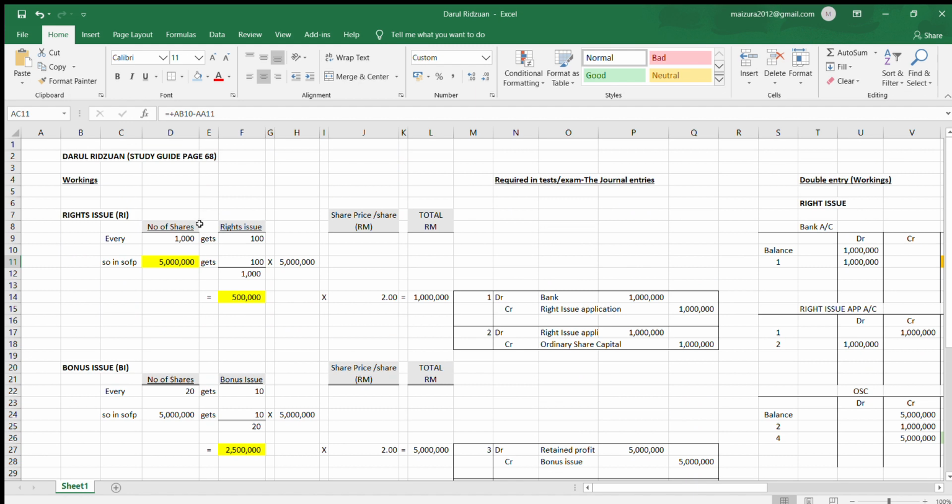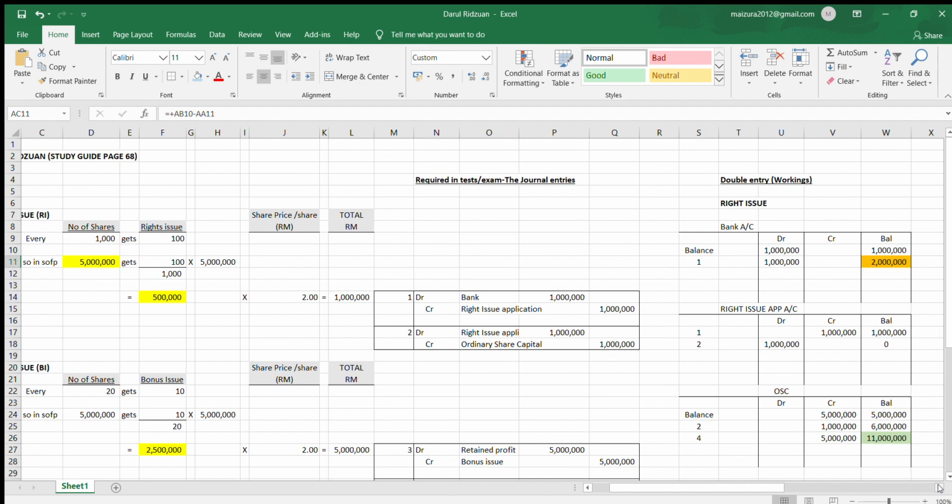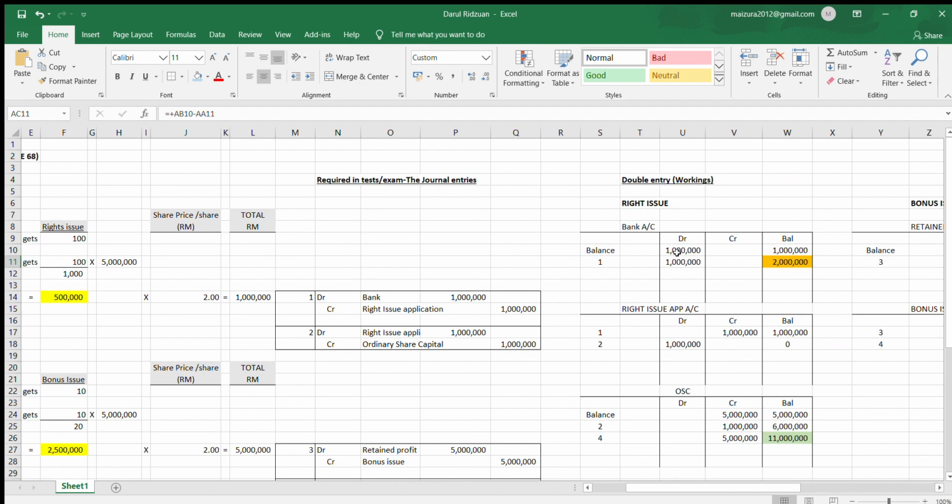Okay, first let us look at the question on page 68. Now, given to you is Soft P's previous year, which is bank of 1 million, so you can record it here in the bank account, whereby there is a balance of 1 million. For ordinary shares, there's a balance of 5 million here.